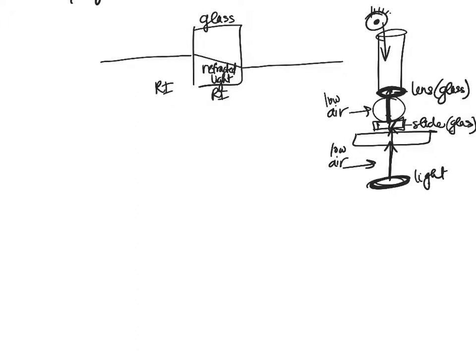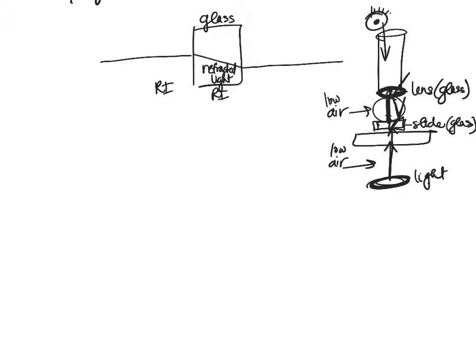We lose some of that image, shifting it slightly. Then we reach air again, and then this lens up here, and it bends the light each way. So we want to minimize that.